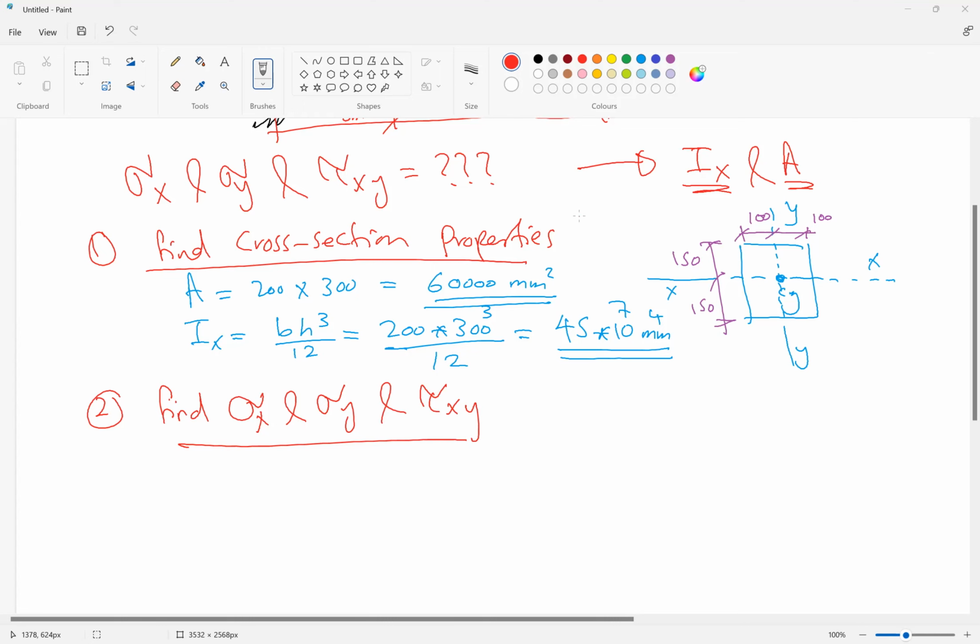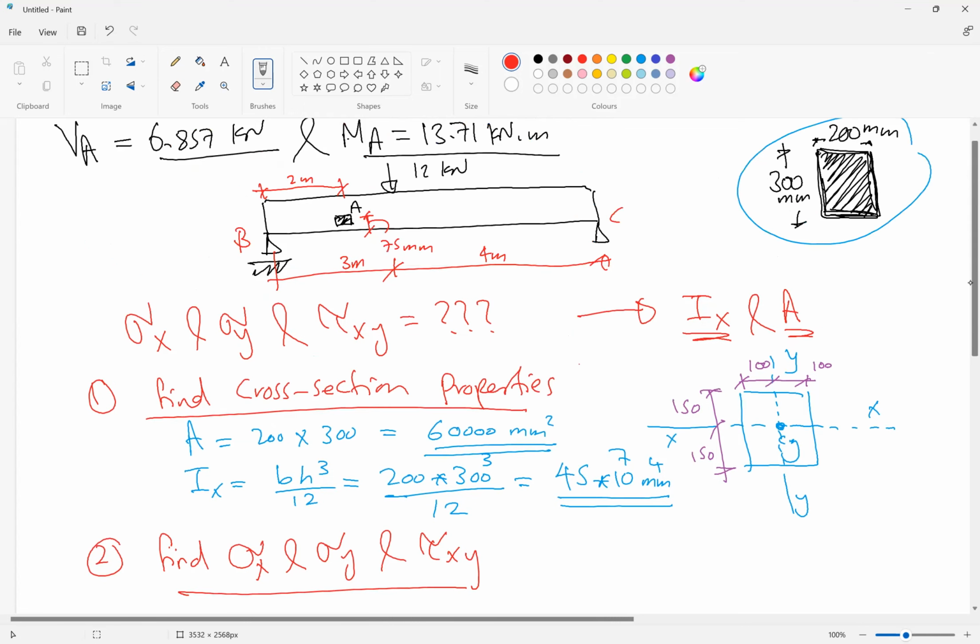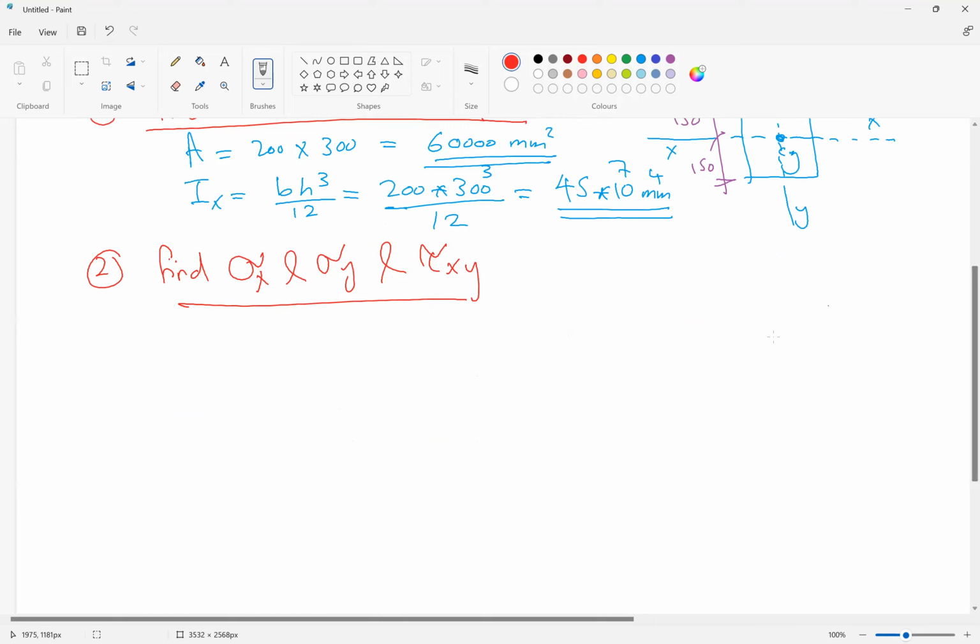For this example, the moment we have here is our moment on the cross section, x, y.